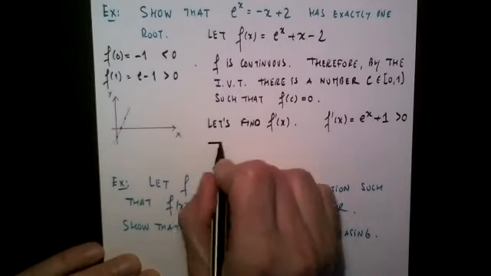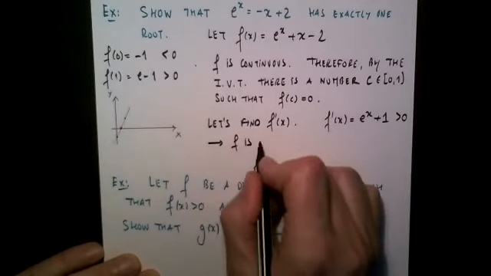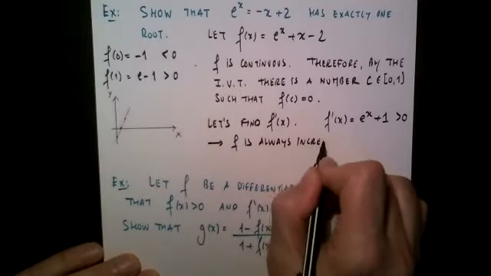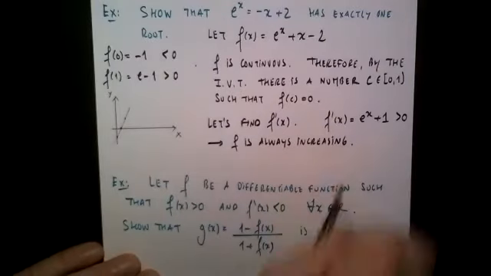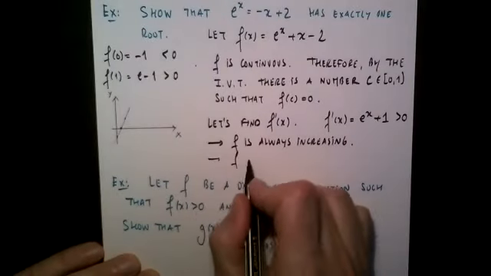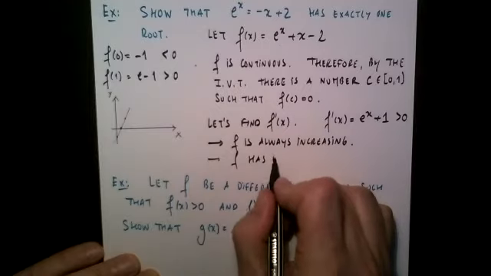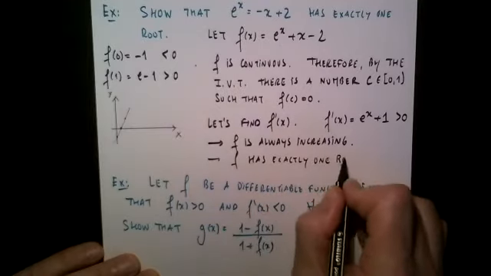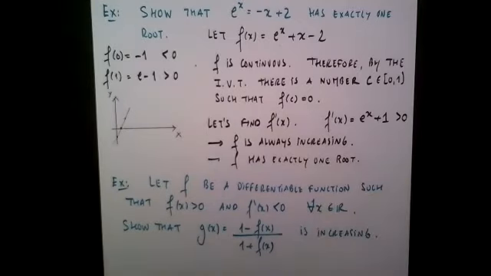So f is always increasing, and so f has exactly one root. Okay, or one zero. That's it, we showed it.